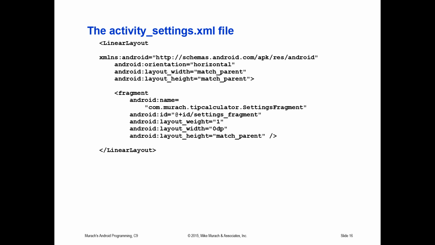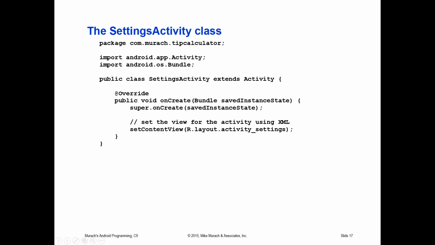Once you've created a preference fragment like the one shown, it's easy to display it in an activity. To do this, you can define a layout for the activity that uses the fragment element to display the fragment as shown here. Then you can define an activity class that displays the layout as shown pretty much here.